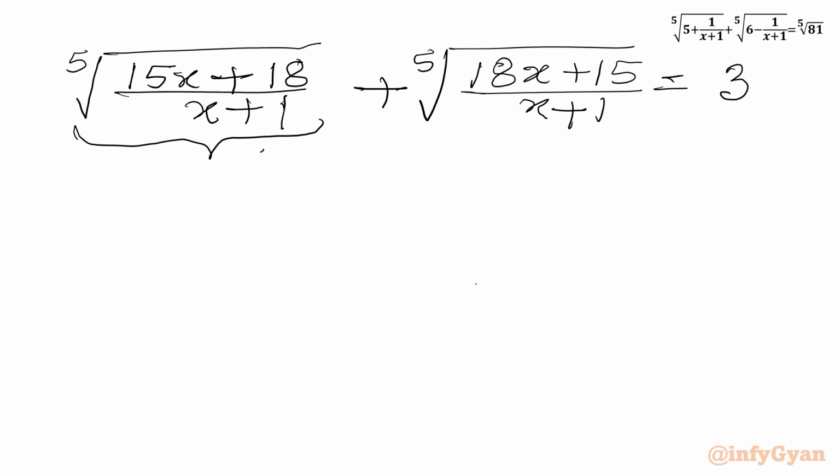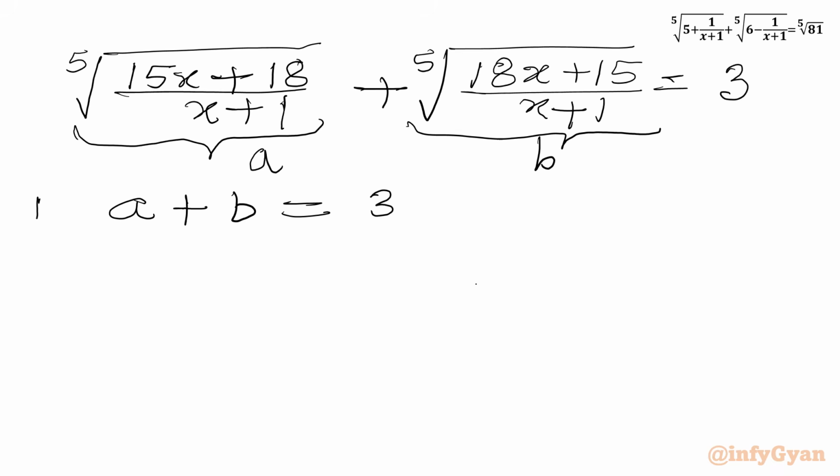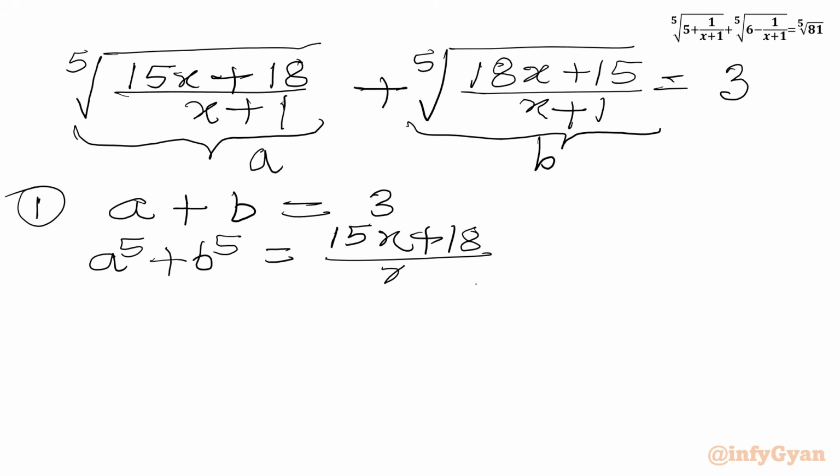Let's say first fifth root equal to a, second fifth root equal to b. So our first equation will become a plus b equal to 3, equation number 1. Now we will find a power 5 plus b power 5 also. So fifth root is a, so a power 5 would be the radicand, which we will write over here, 15x plus 18 over x plus 1, plus b power 5 would be 18x plus 15 over x plus 1.